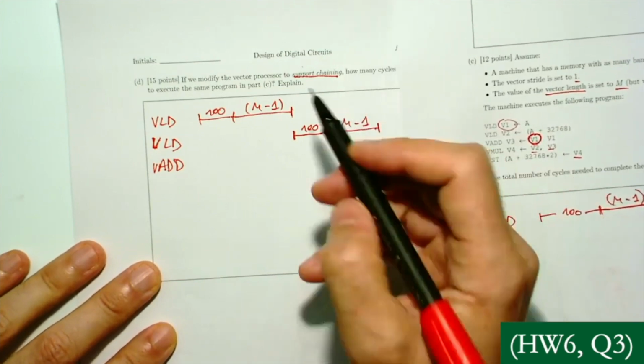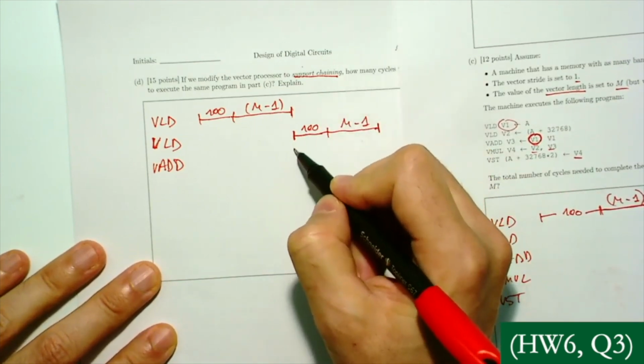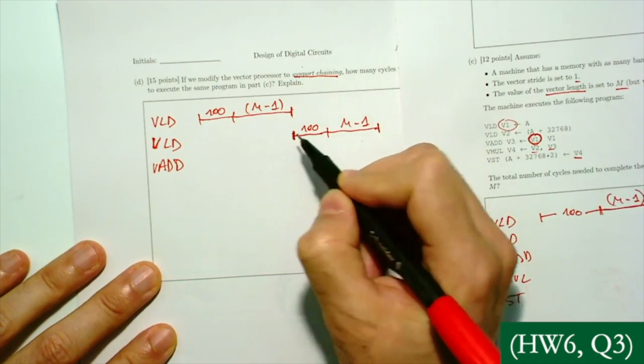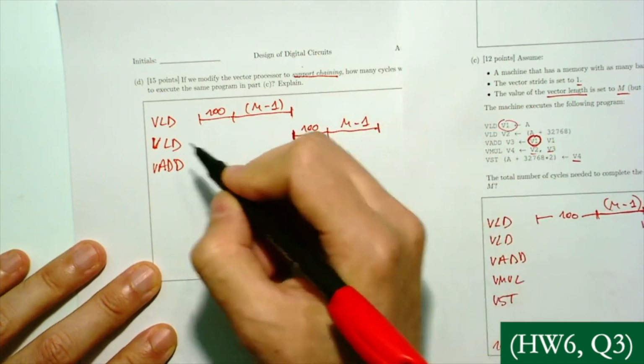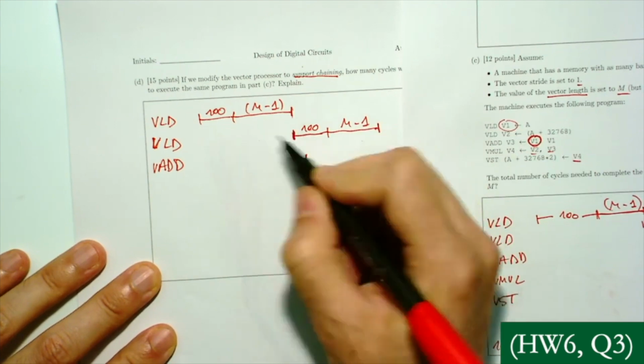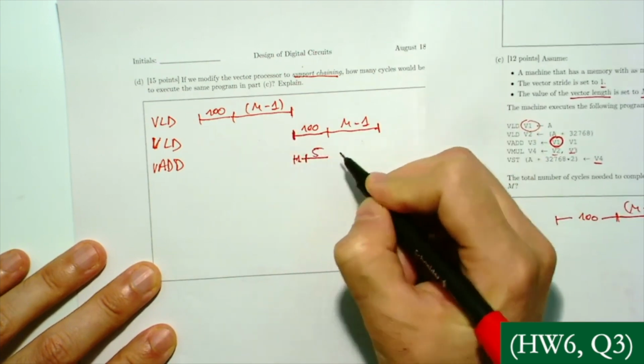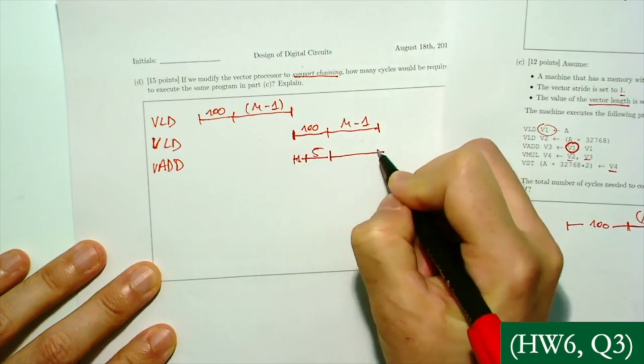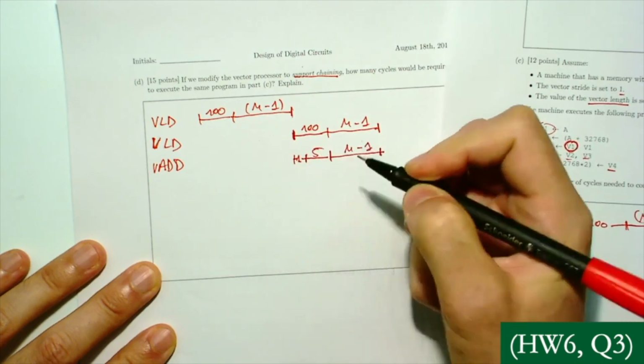Because the processor is in order, we can only start the add after this load. So we can start again one cycle after this load. So we have 5 plus n minus 1.